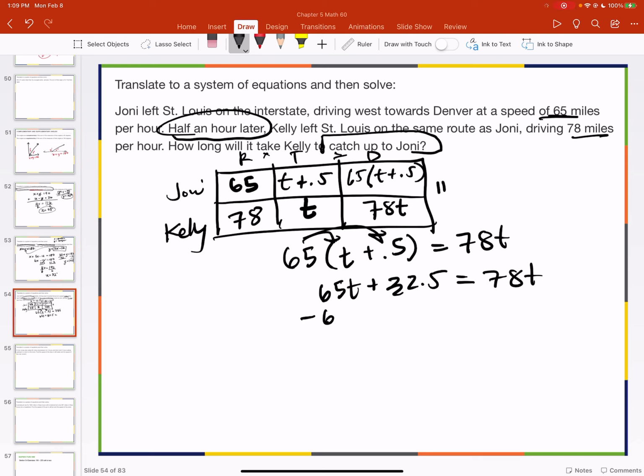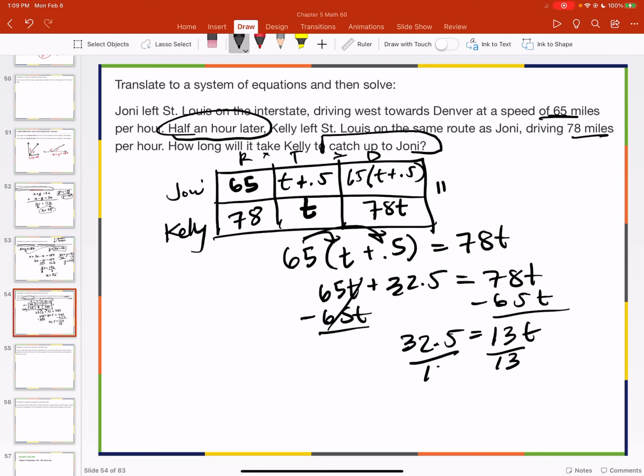So let's go ahead and solve for T. We get 32.5 is equal to 13T. Divide by 13, divide by 13. T is equal to 32.5 divided by 13, and that's 2.5. So that's 2.5 hours.